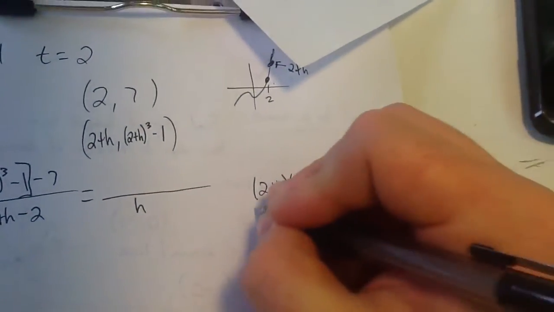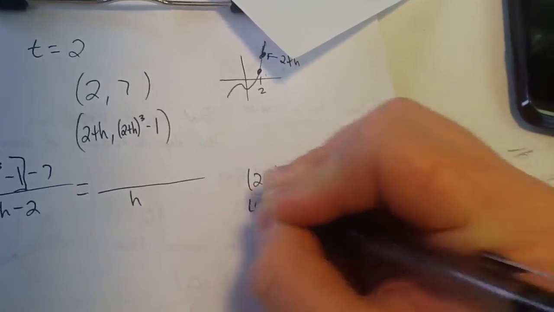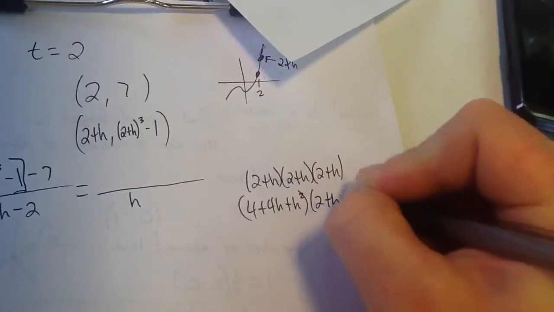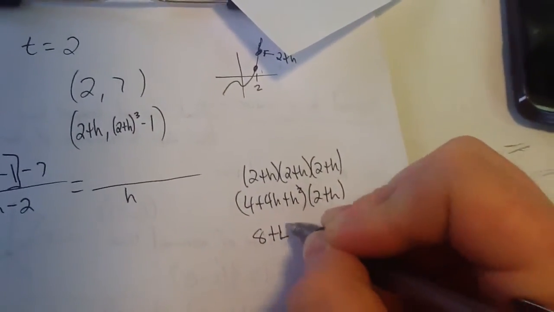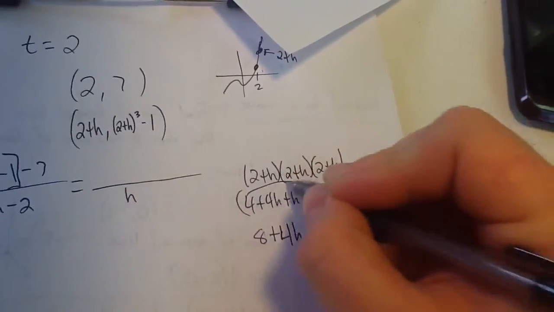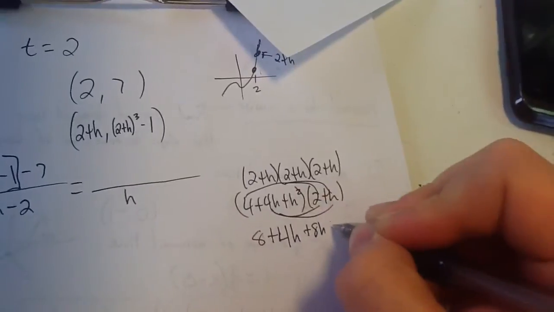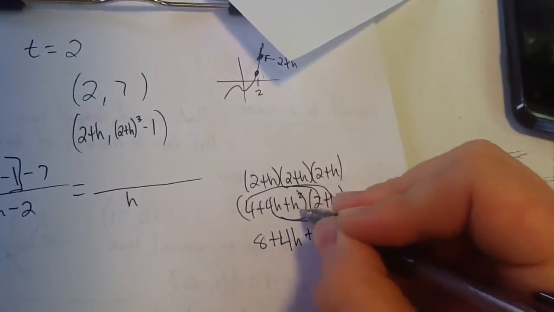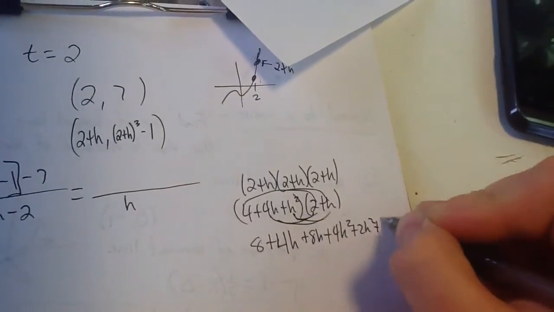You just got to be fast. 4 plus 2h plus 2h plus h squared. Then I take that times 2 plus h. So I got 8 plus 4h, right? Just distributive property. 8 plus 4h plus 8h plus 4h squared.